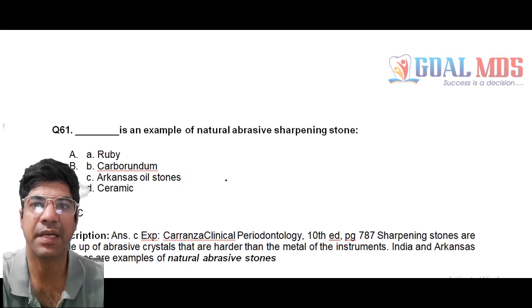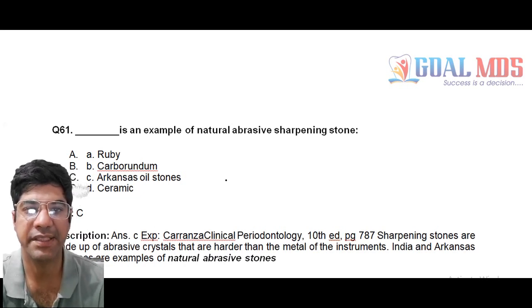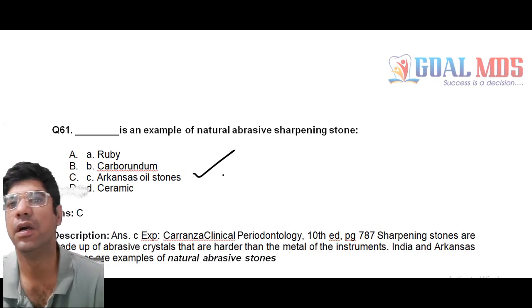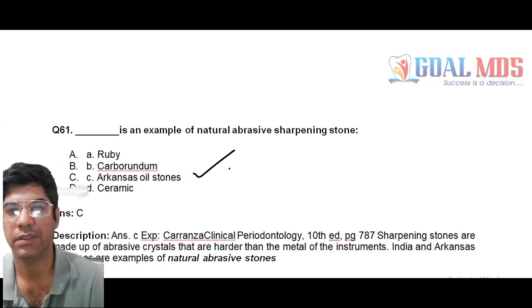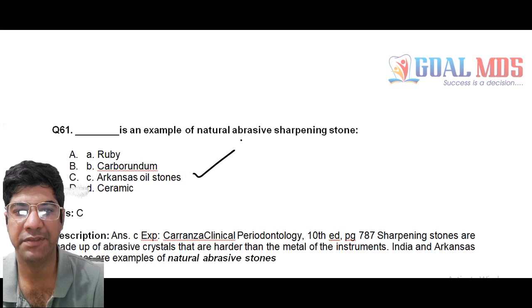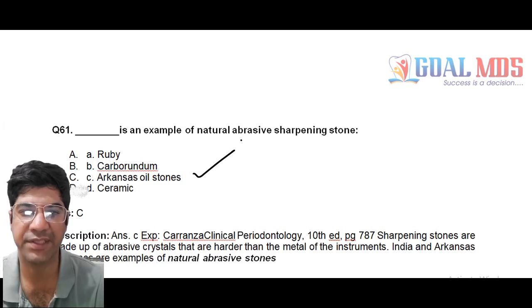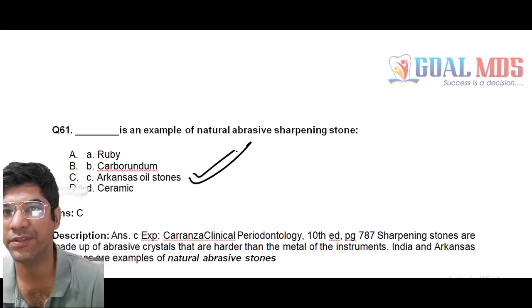So that is an example of a natural abrasive. It's Arkansas oil stones. So remember, the sharpening stones are made up of abrasive crystals that are harder than the metal. So an example is Arkansas oil stones.